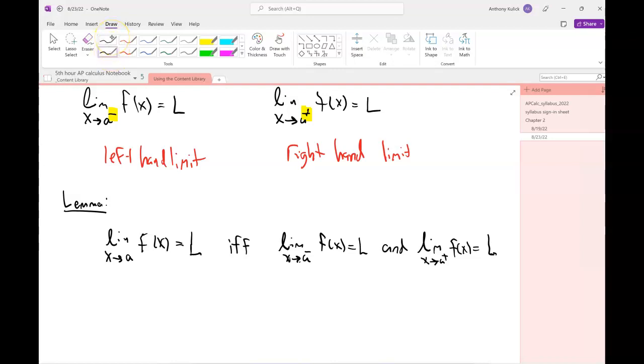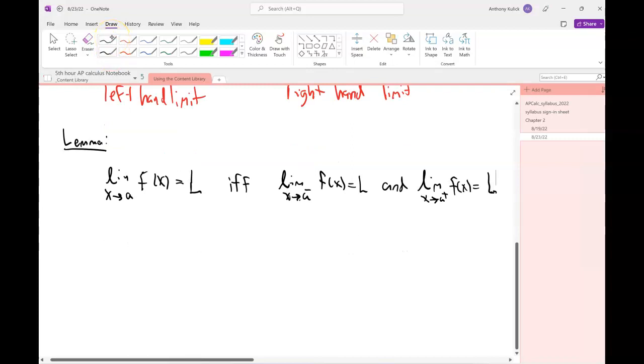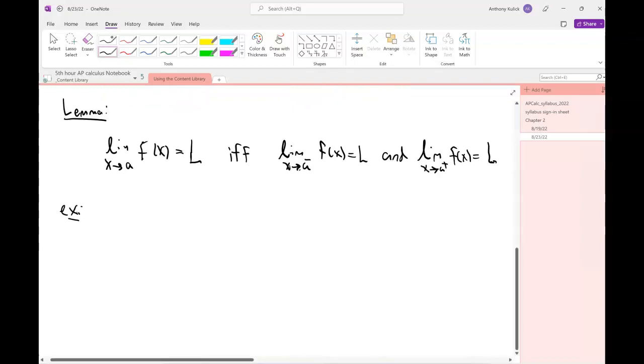So let's look at a graphical example and apply that idea.